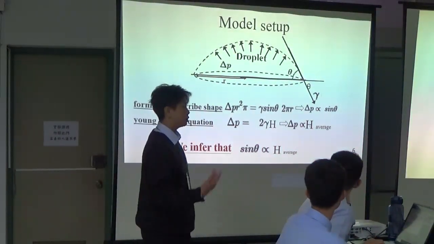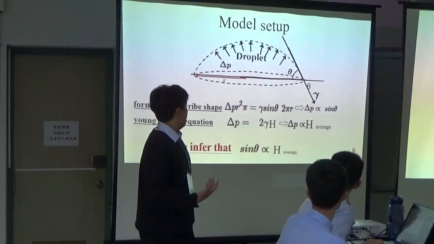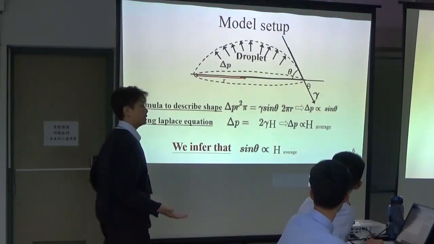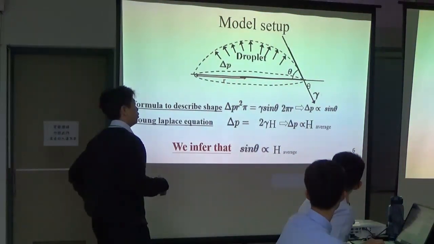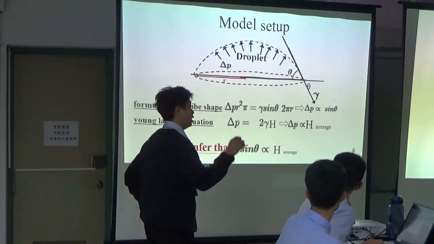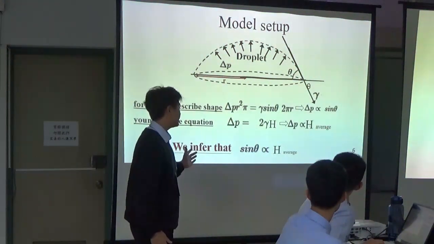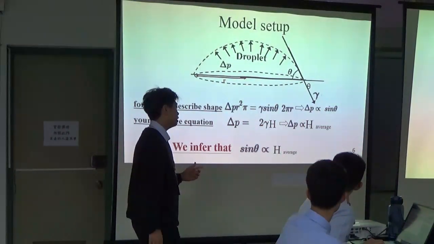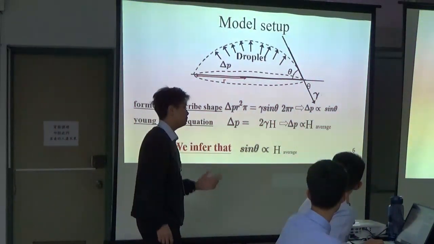Delta P is proportional to sine theta. According to the Young-Laplace equation, delta P will be proportional to the average curvature of the spherical surface. So we infer that sine theta will be proportional to H, which means the average curvature.